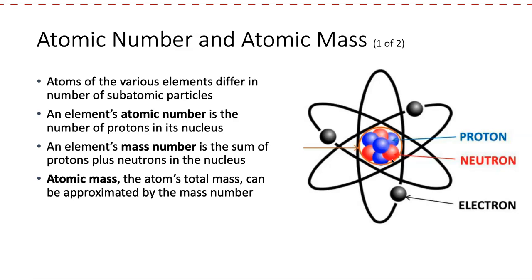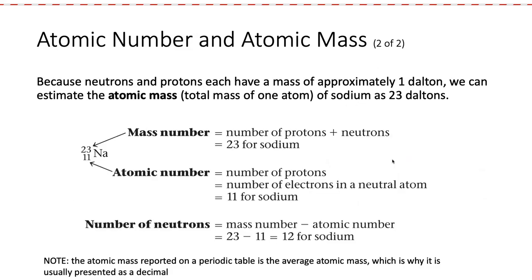But in general, the atomic mass is the atom's total mass, and you can approximate it by the mass number. If protons and neutrons each have a mass of 1 dalton, then you can estimate the atomic mass by adding up the number of protons and neutrons.